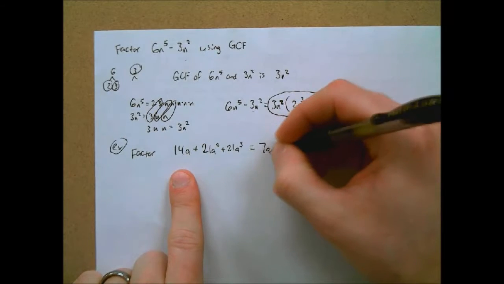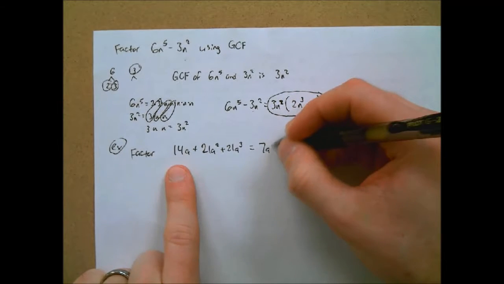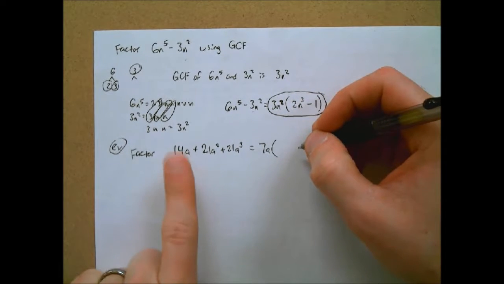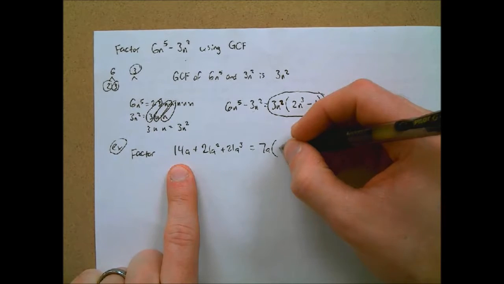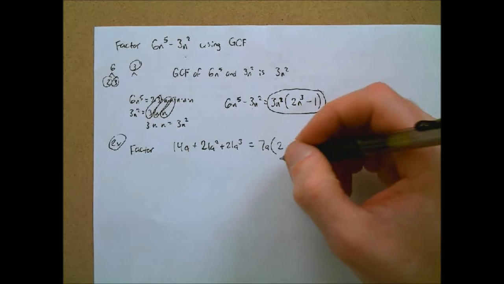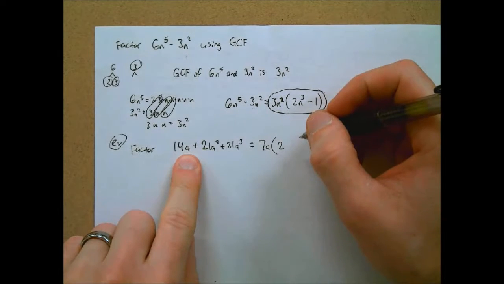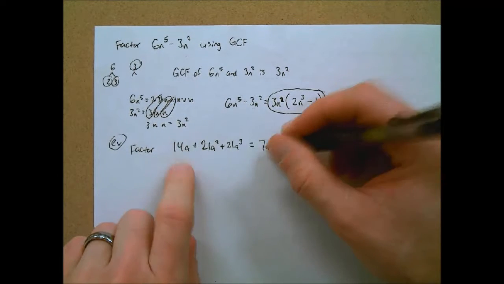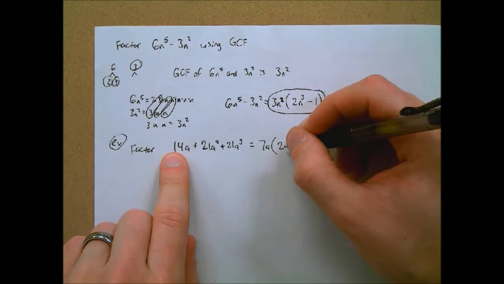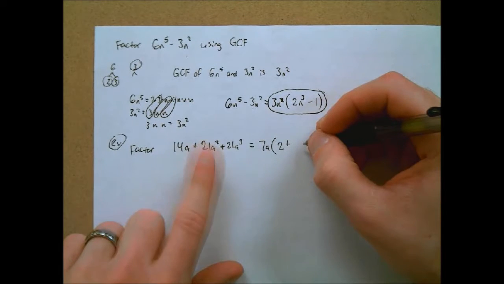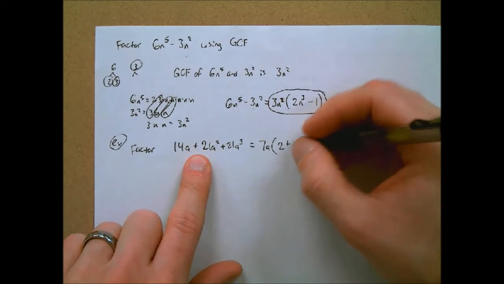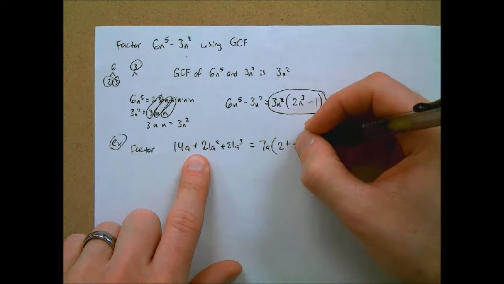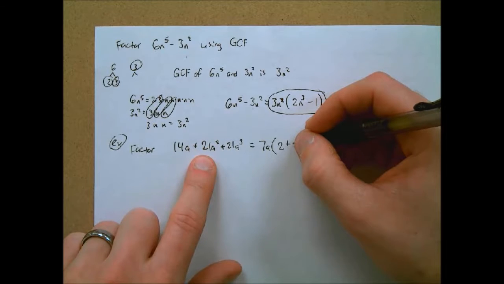okay, if I take out a 7A from here, if I take out 7A from here, what's going to be left behind? Divide 14A by 7A, what's left? 2. Just a 2, because we took the A out, right? So 14 divided by 7A is just going to be 2, okay? Plus, if I take a 7 out of the 21, what's left? 3.